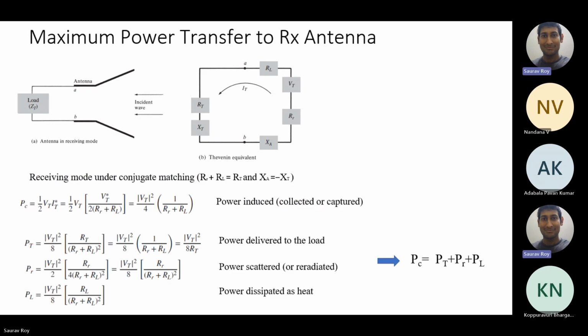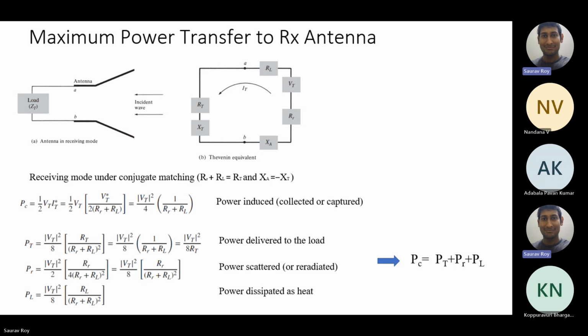Okay. So now it says, if we apply maximum power transfer to a receive antenna, what happens? Now I will ask you a question. What do you suggest? If the receive antenna has some power from somewhere, it will obviously collect some incident power. So what would happen to it?